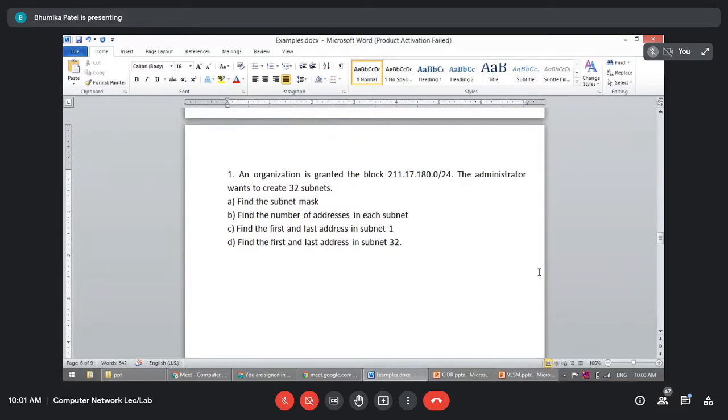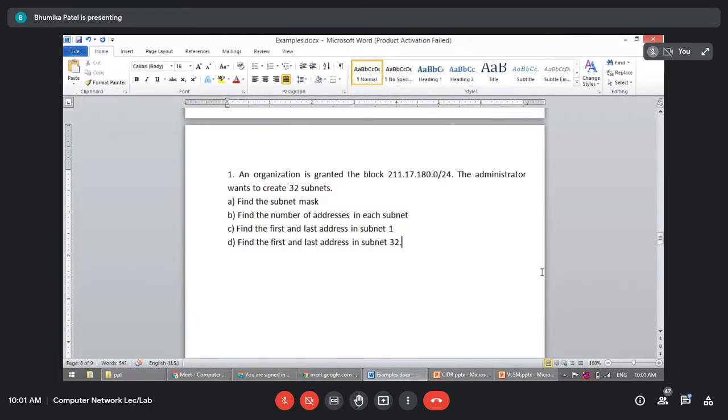Okay. Right. So the question is, the organization is granted the block 211.170.180.0/24 and the administrator wants to create a total of 32 subnets.